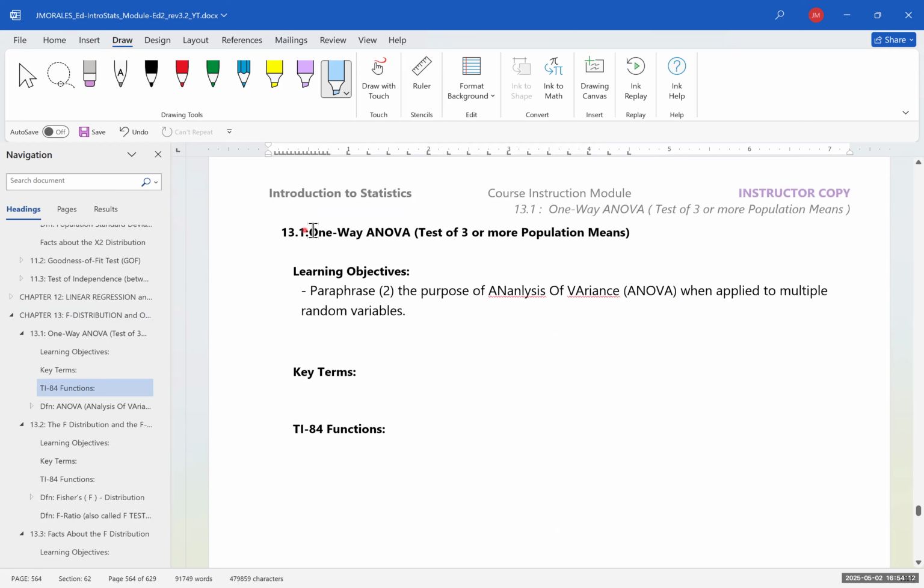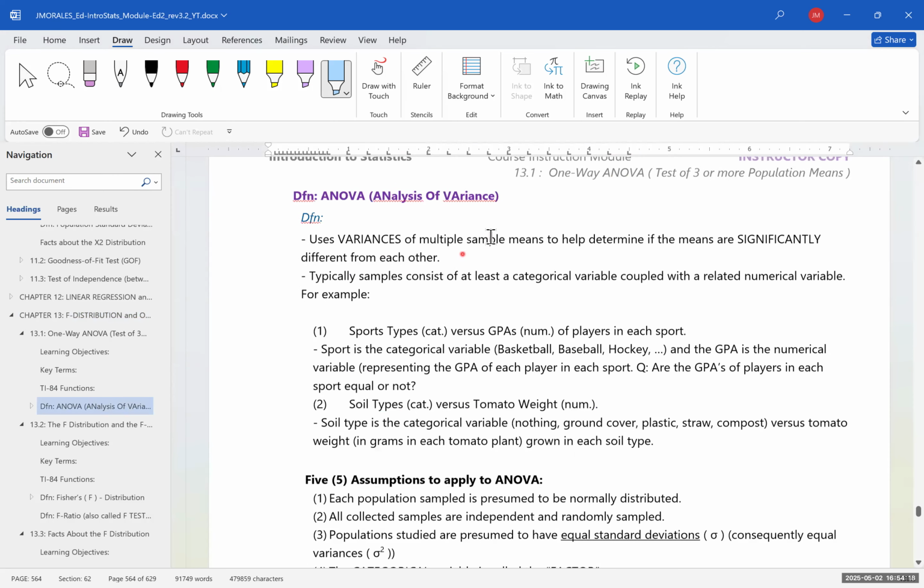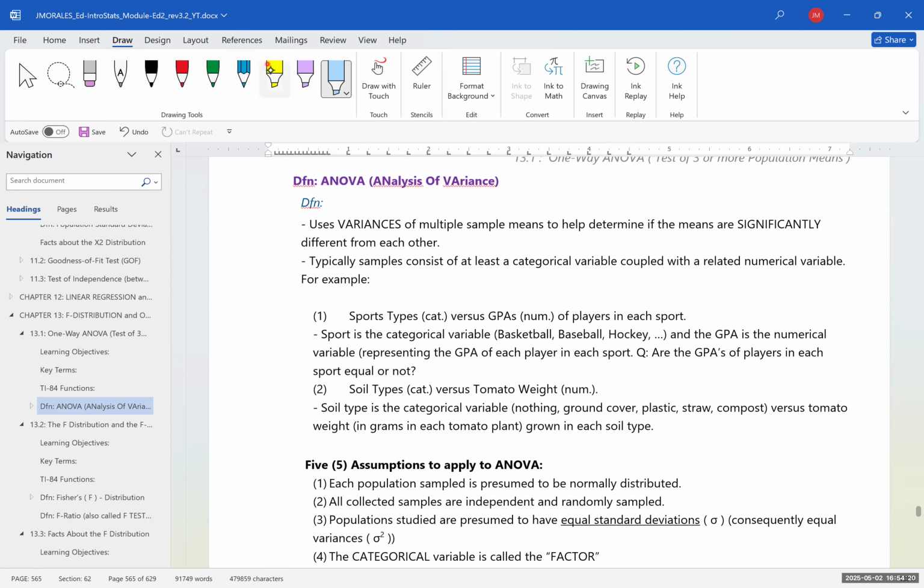So section 13.1 is about one-way ANOVA. ANOVA stands for analysis of variance. It uses variances of multiple sample means to help determine if those means are significantly different from each other.